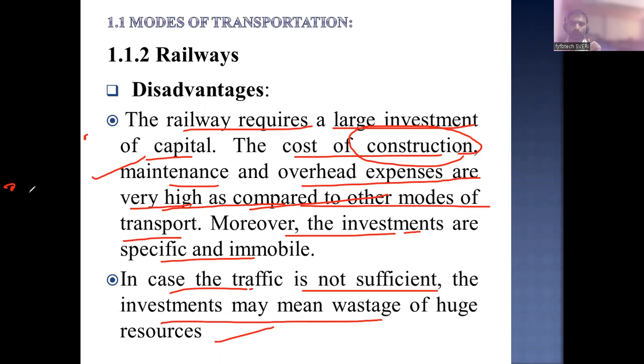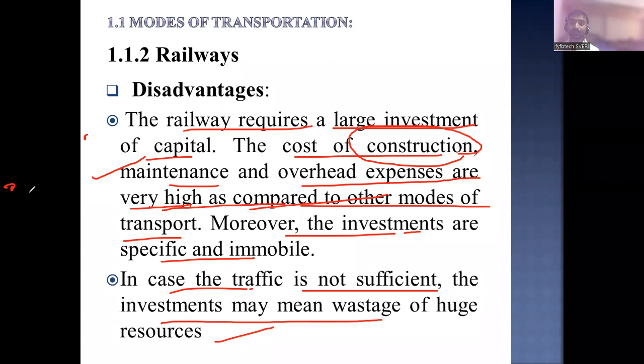Now look, one point I am making: from Pandharpur to Solapur, think of that. Assume, everyone, there are 200 kilometers from Pandharpur to Solapur. If the movement of vehicles, traffic, or people is very less, very few people, in that case, will you prefer the railway system?